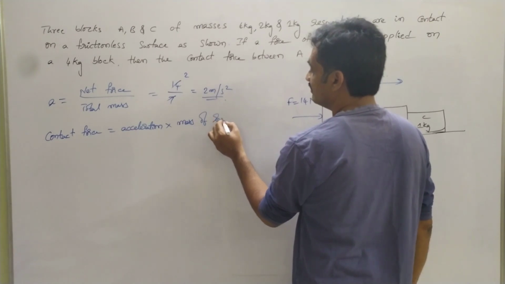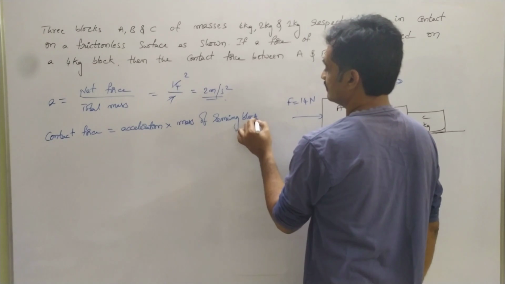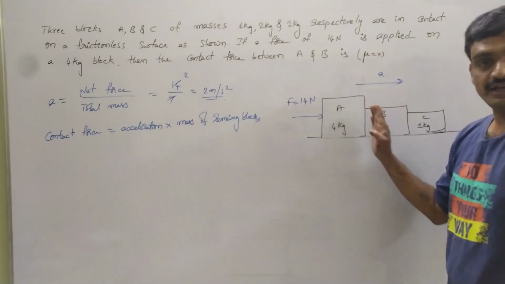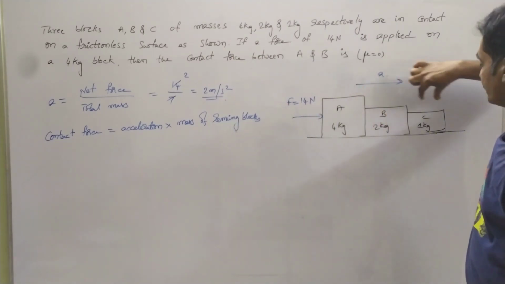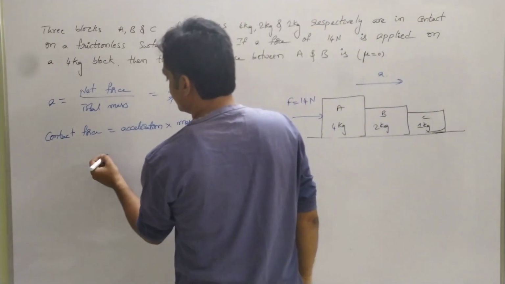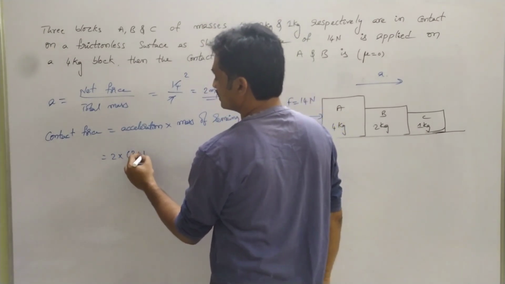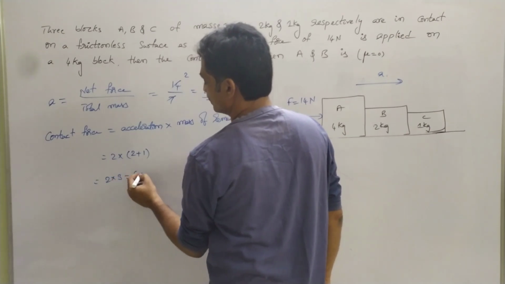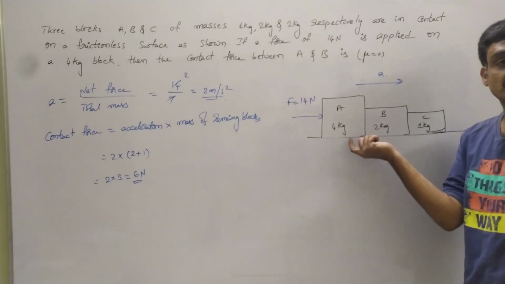So we will neglect the 4 kg block. The mass of the remaining blocks is 2 plus 1, nothing but 3. And the acceleration is 2. So 2 into the mass of the remaining 2 blocks, 2 plus 1, which is equal to 2 into 3, which is equal to 6 Newton. So the contact force between A and B is 6 Newton.